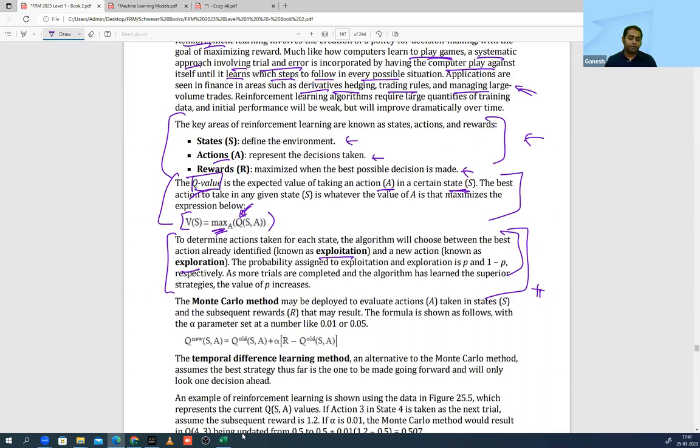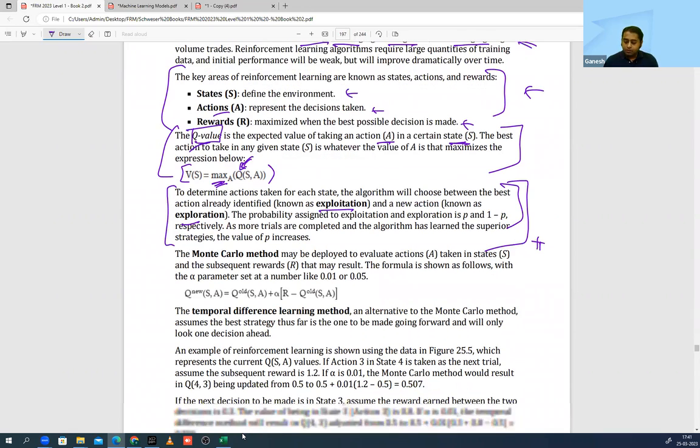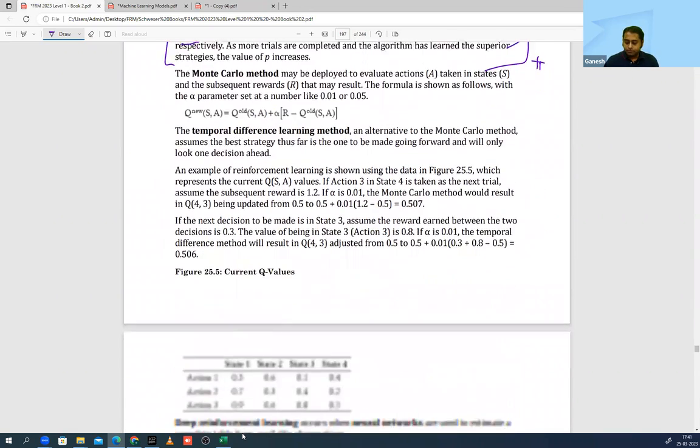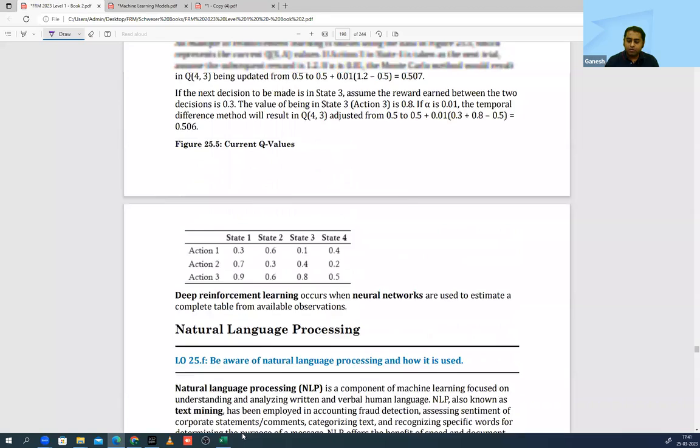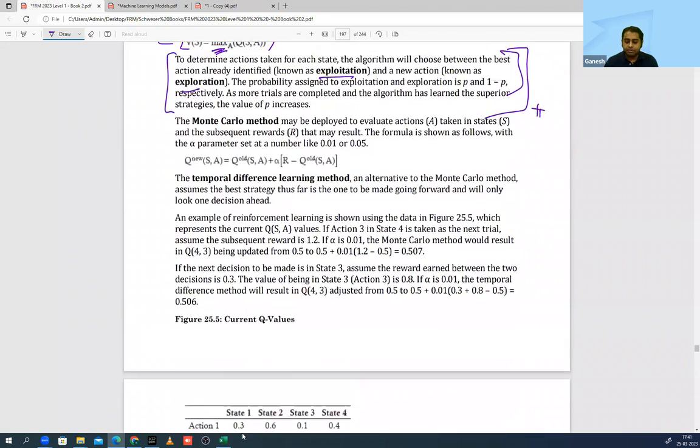All good? Almost done. Natural language is very simple.